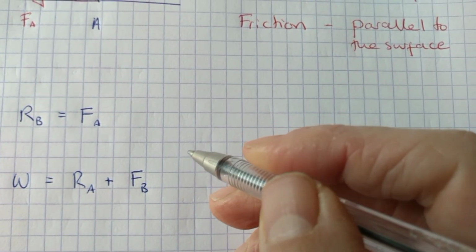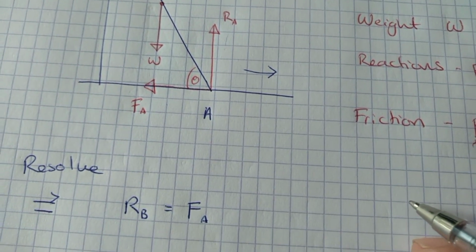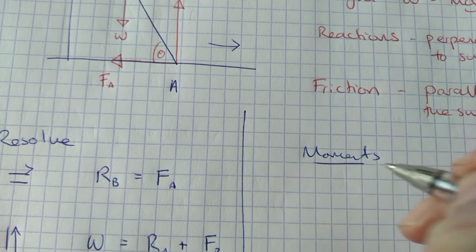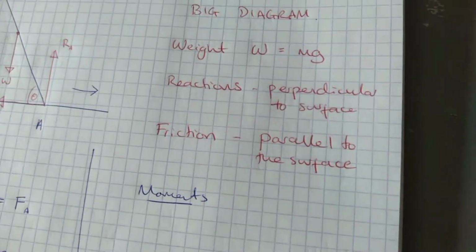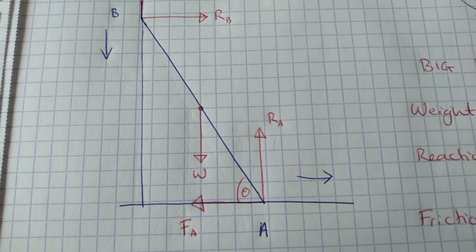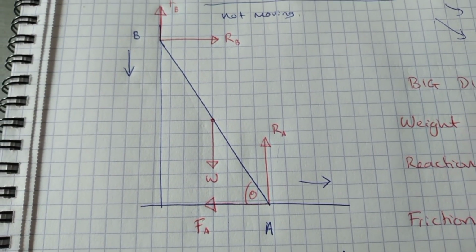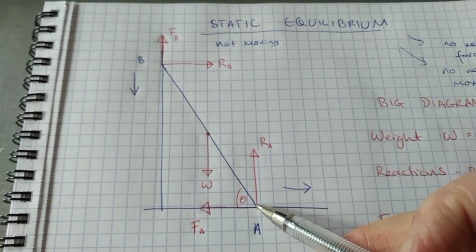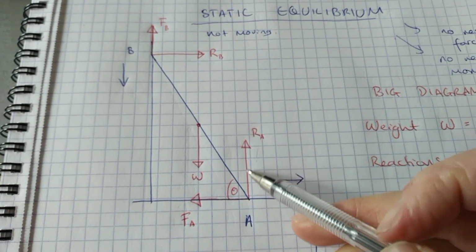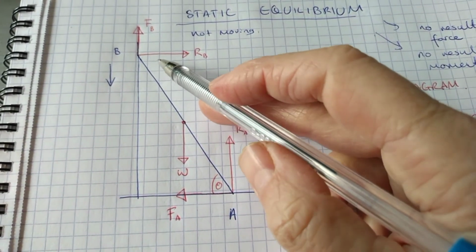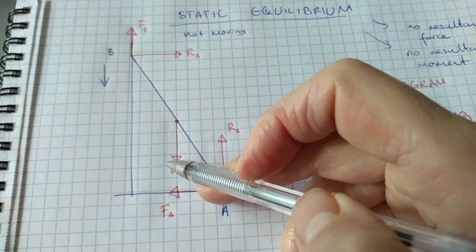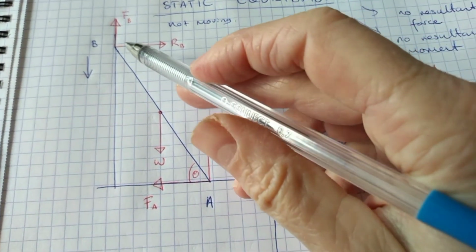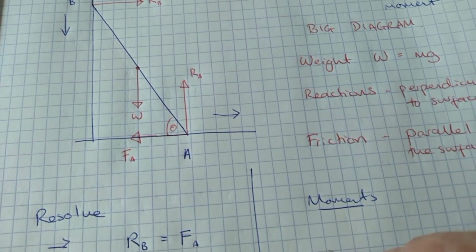So obviously if you take moments about A, you're going to eliminate RA and FA, and maybe you can work out these in terms of W. You'll be given some numbers for these, or you can take moments about B. They're our most common choices. So choose wisely to eliminate forces, but don't eliminate the one you want to find.